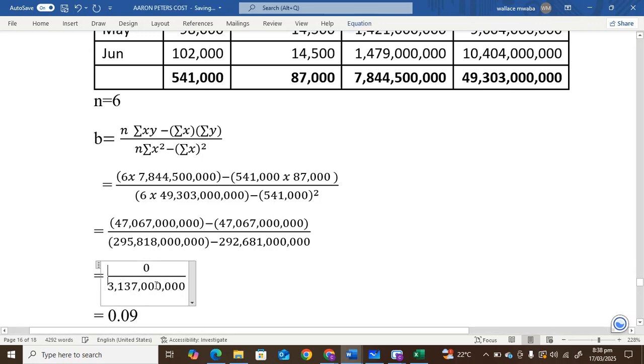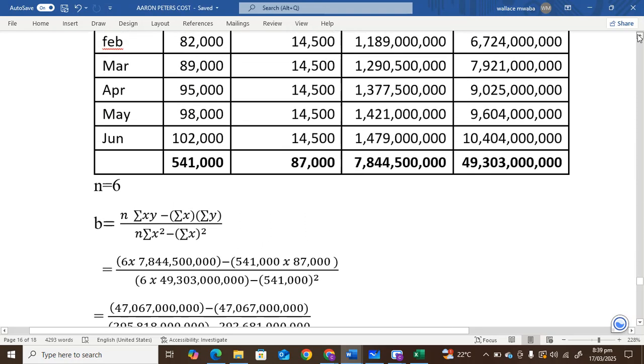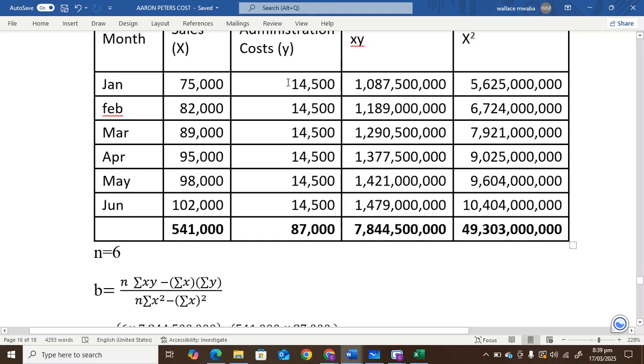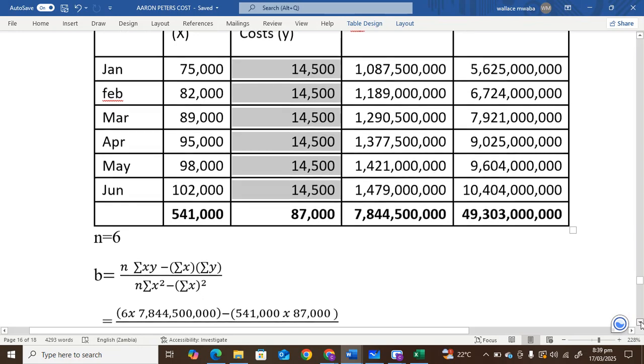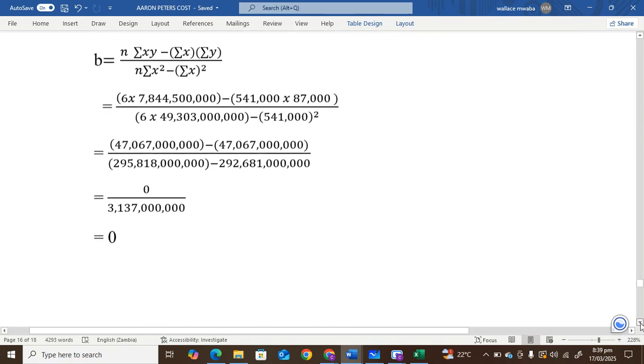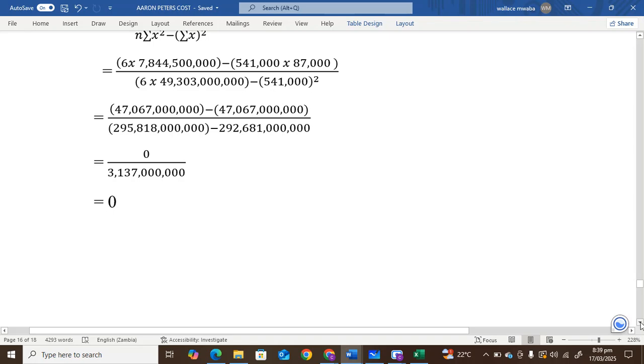Then this divided by 0, you get 0. So basically there's no variable cost here. As you can see, these selling and administration costs are the same each month. It's only fixed, so we don't have a variable component. Before I go any further, any questions?